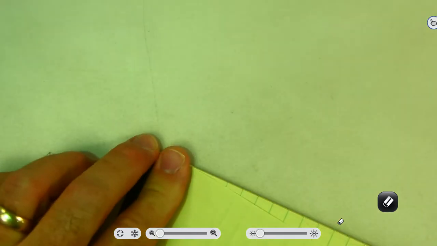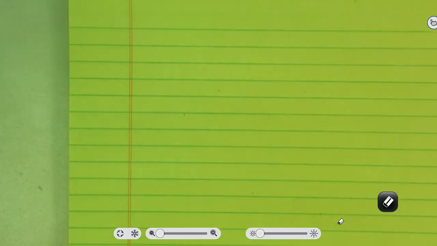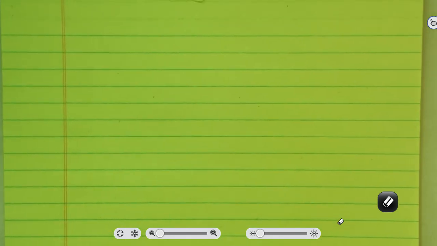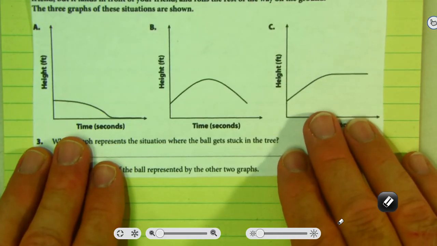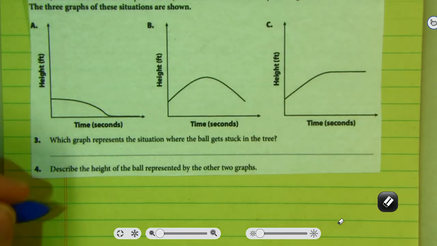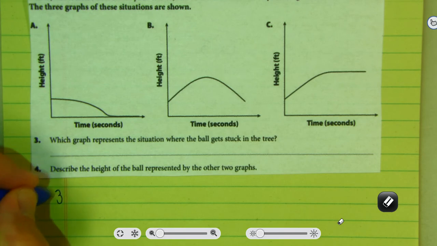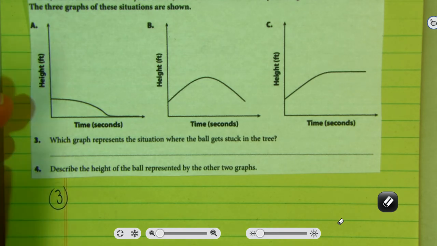So we throw a baseball of some sort, and the first time we throw it, it has this just perfect arc. And then the second time we throw it, it gets stuck in a tree. Third time we throw it, it just lands on the ground. Now, I'm going to show you 3 different graphs, and this is example 3.